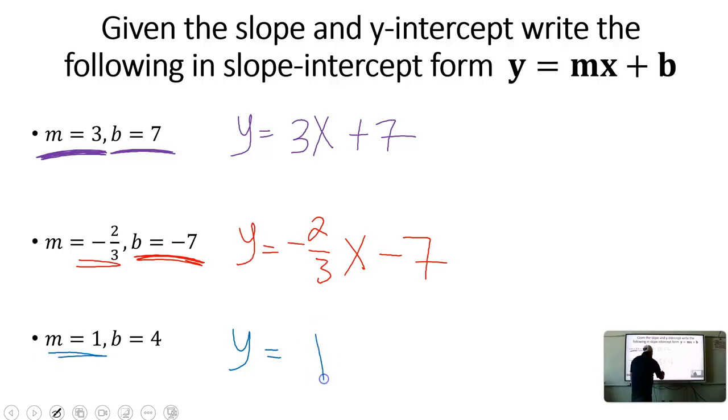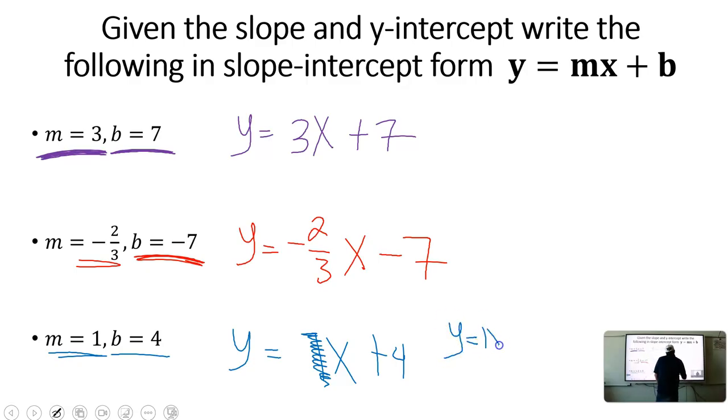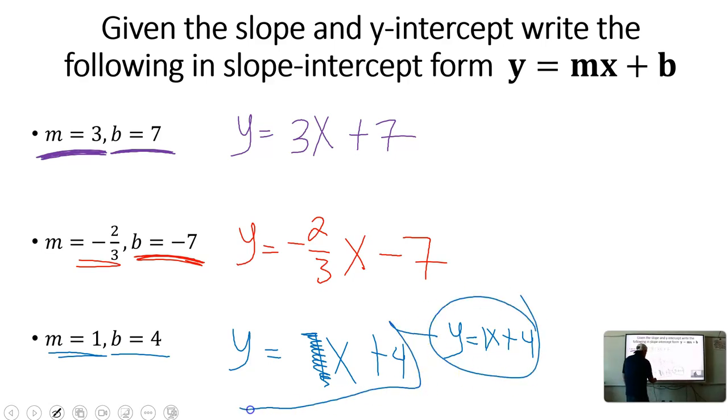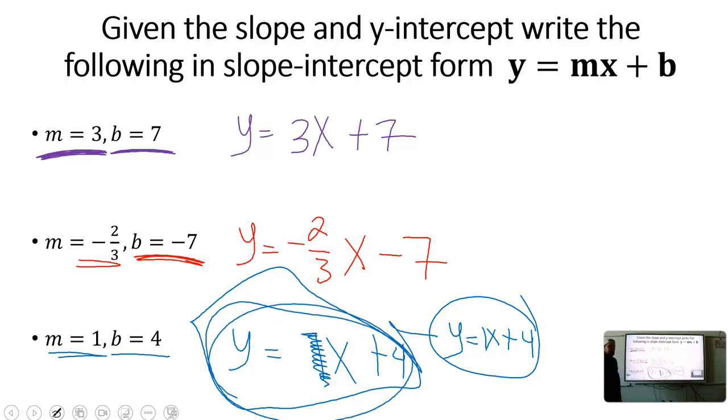We can put 1x, but we don't necessarily have to put the 1 in front, because we know there has to be at least 1x if the x is written down. So we're just going to say y equals x, and then my y-intercept is 4. So y equals x plus 4. If you like the 1, you can say y equals 1x plus 4, but you will very, very seldom ever see it written this way. It will almost always be written the other way if you have a slope of 1.